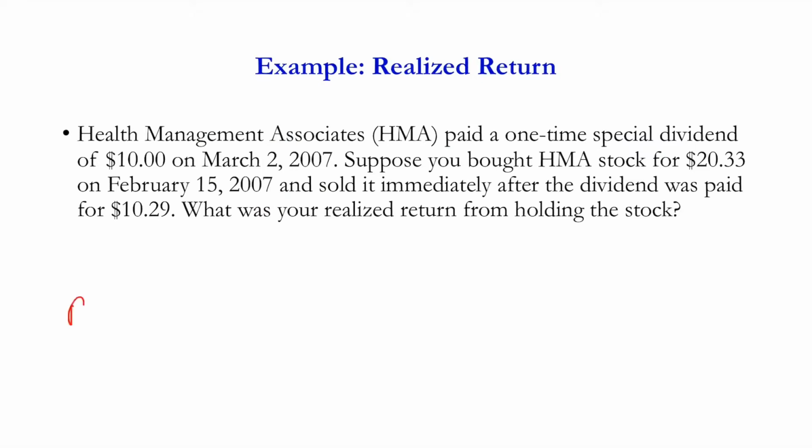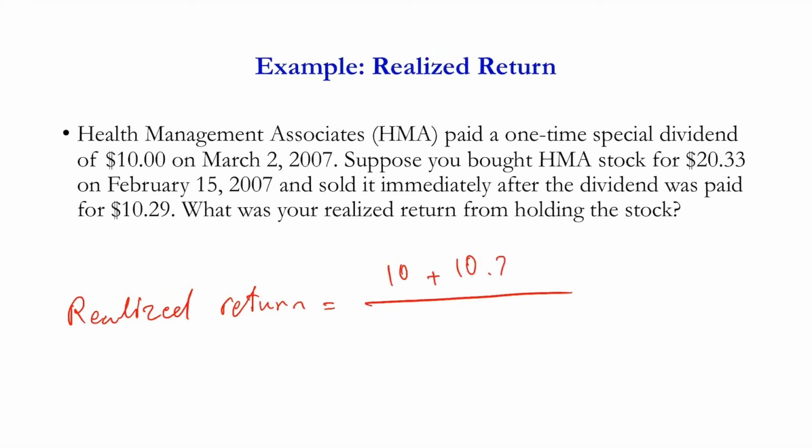So again, the realized return is equal to the dividends that we got over this period of time, which is $10, plus the difference between the selling price and the purchase price. So our selling price was 10.29 minus the price at which we bought, which is $20.33.